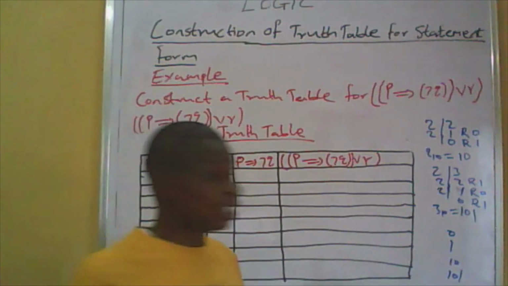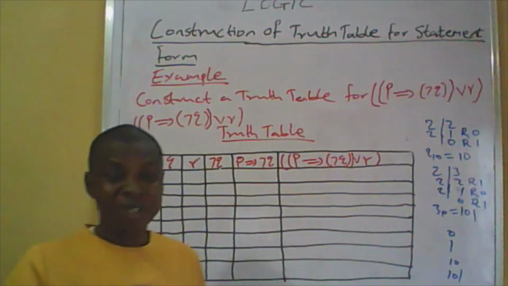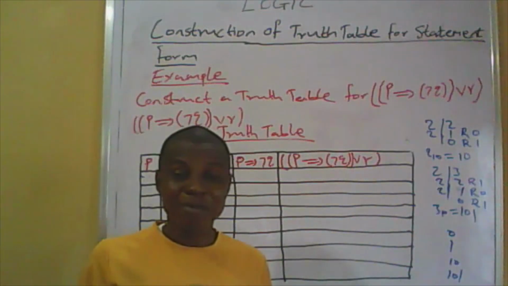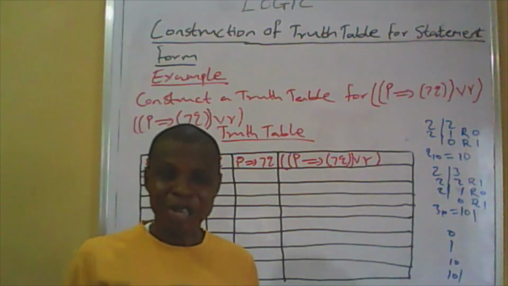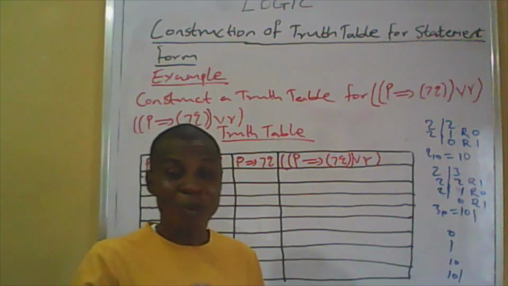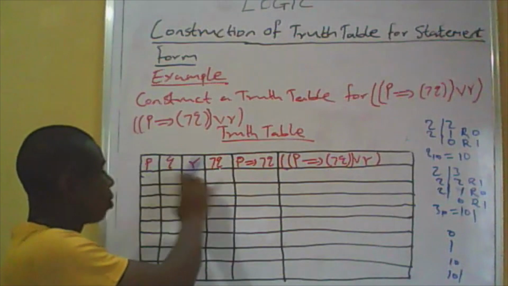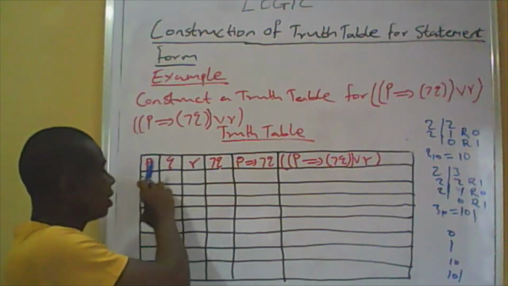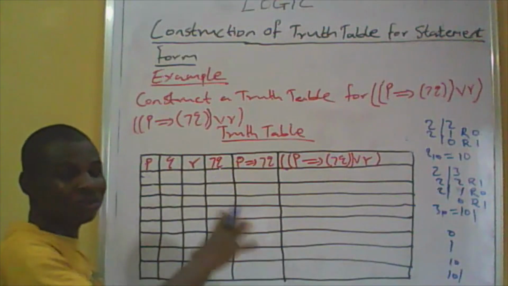What you understand from this is that when we are counting numbers, those that involve only 0 and 1, you just pick them one after the other. That is your binary. That is what represents each row under the simple statement column.